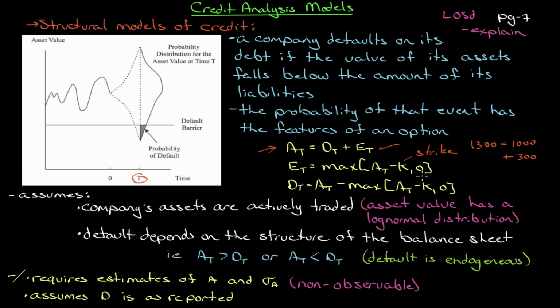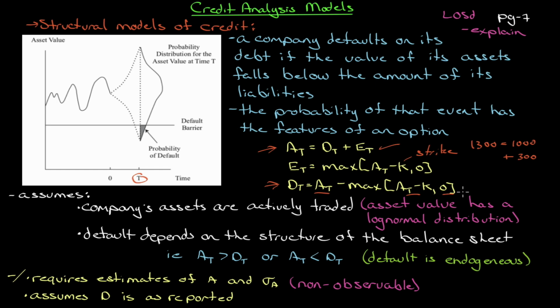And if equity is a call option on the company's assets, maybe with that option analogy we can use Black-Scholes-Merton to price the amount of credit risk in a particular bond. Debt is equal to the value of the assets minus the maximum of either AT minus K or 0.